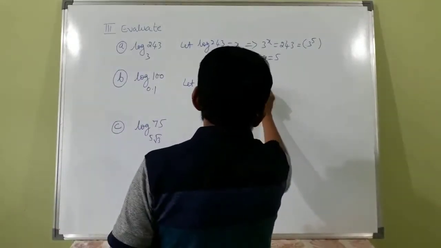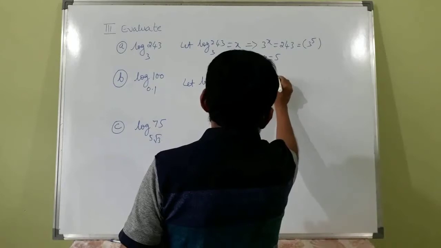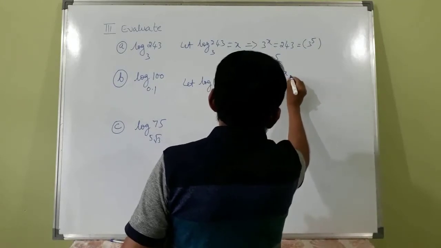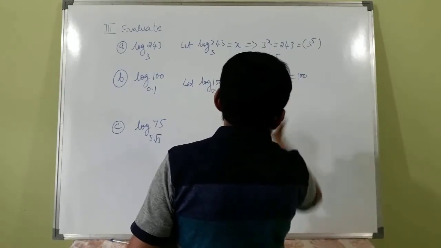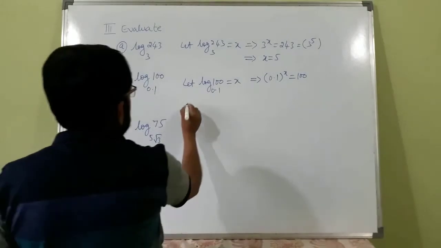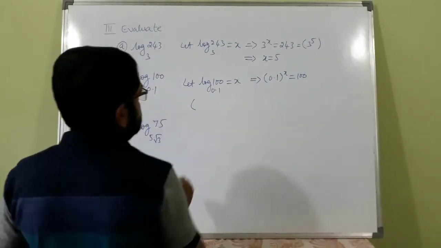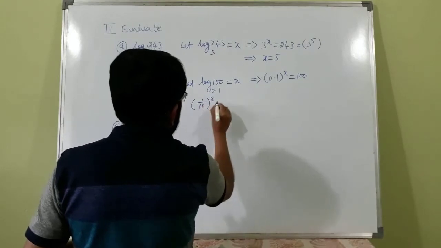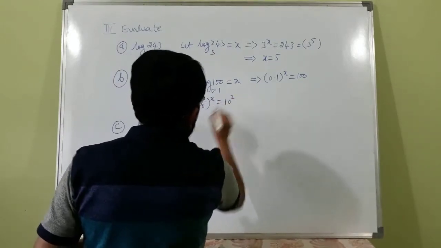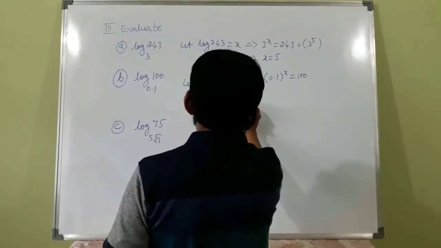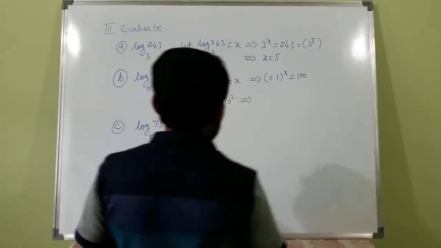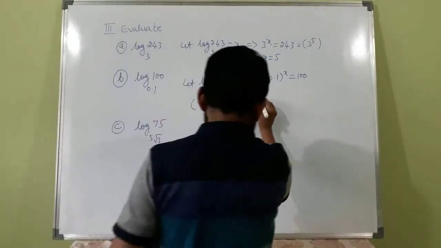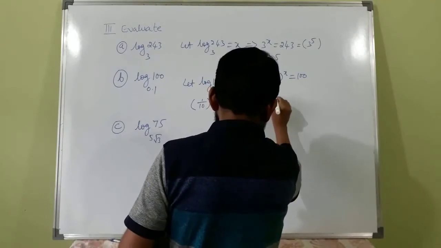This implies 0.1 to the power x is equal to 100. 0.1 means 1 by 10, so (1/10) to the power x is equal to 10 to the power 2. 1 by 10 means 10 to the power minus 1.